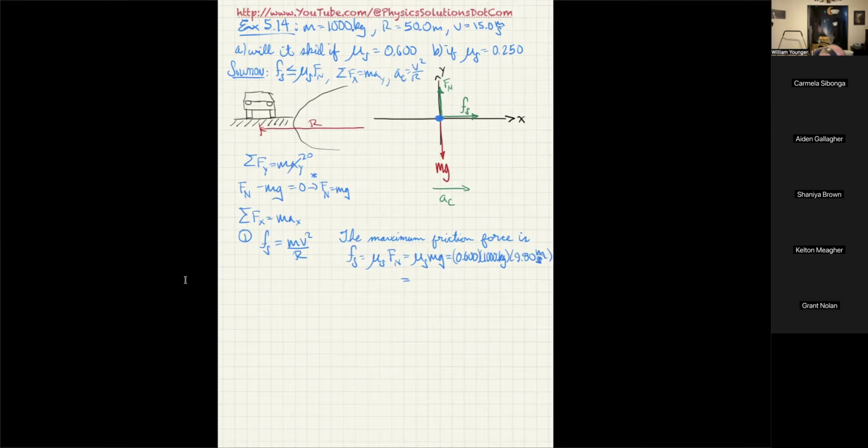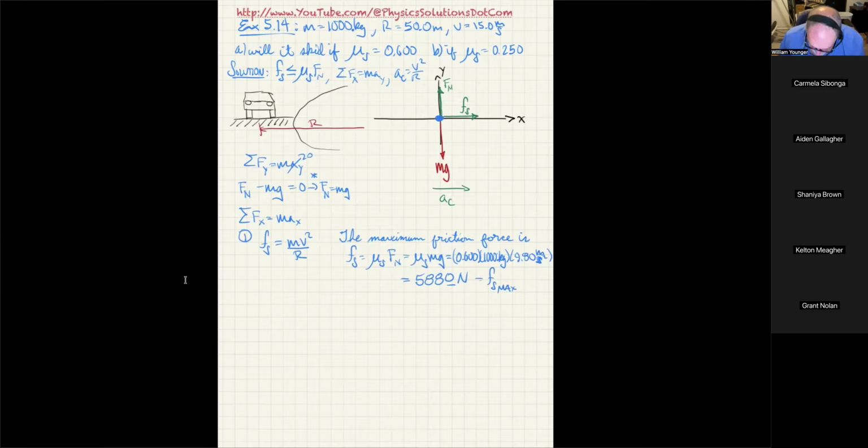And that gives us 0.6 times 1,000 times 9.8, which gives me 5,880 newtons. And that 0 is, of course, not a sig fig, but we've got the F static max. So that's the maximum force.